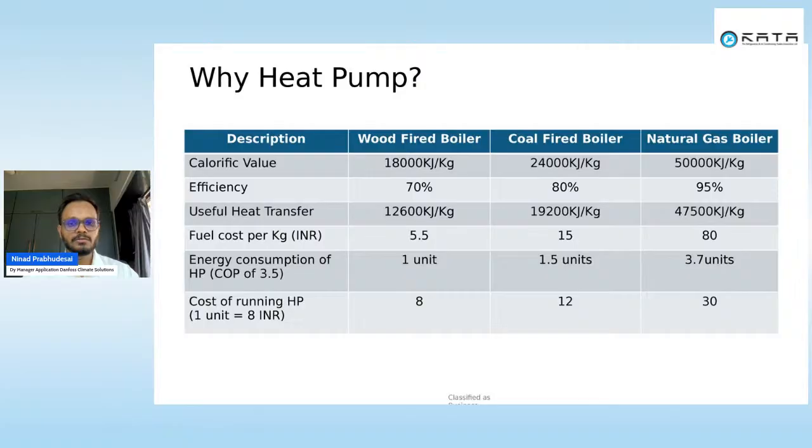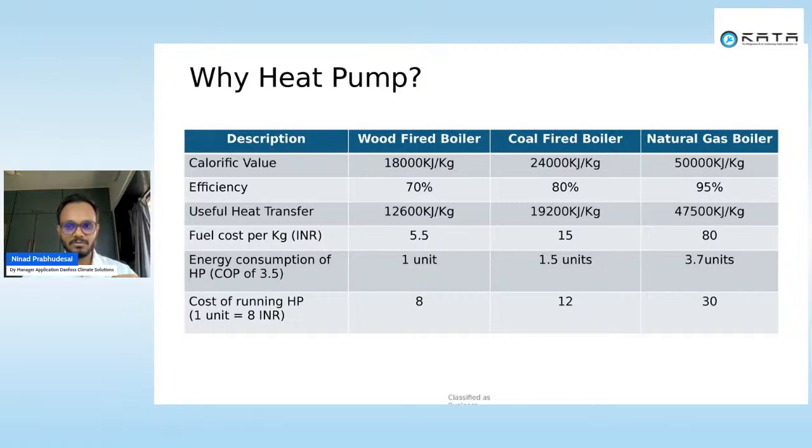Of course, wood is quite efficient, but then again, where are we getting it from? We have to cut the trees, and all those environmental impacts are there. Whereas if you see coal and natural gas, of course heat pump is much more efficient because of the prices of the fuel first of all, and also the efficiencies, which are around 80% or 70%.